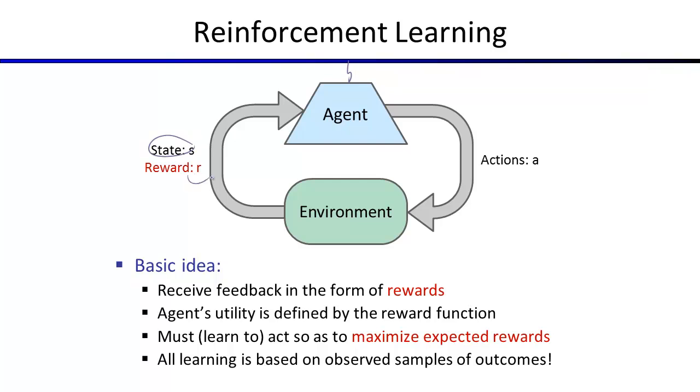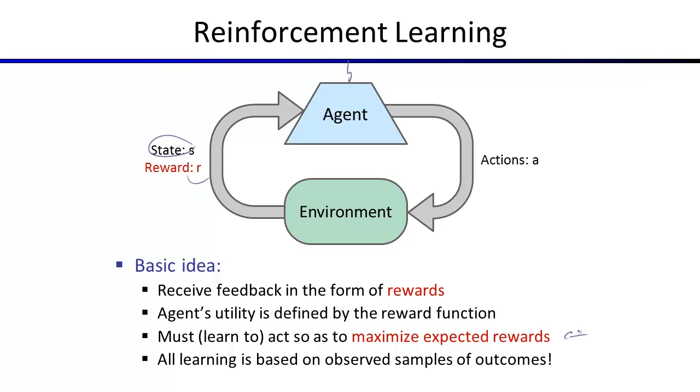Then a reward might be distributed to the agent for the state, action, state triple that just occurred. And then the process repeats. So that's the reinforcement learning setting. It keeps repeating: you're in a state, take an action, might get a reward, land in a new state, keep going. The goal of the agent is to maximize the expected rewards.